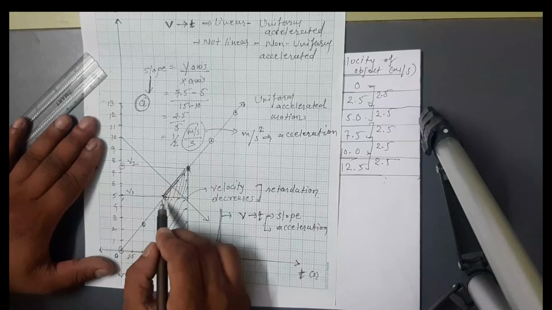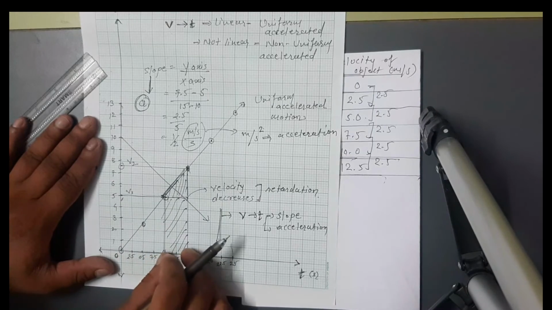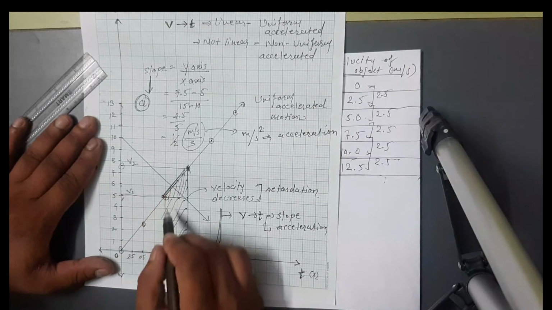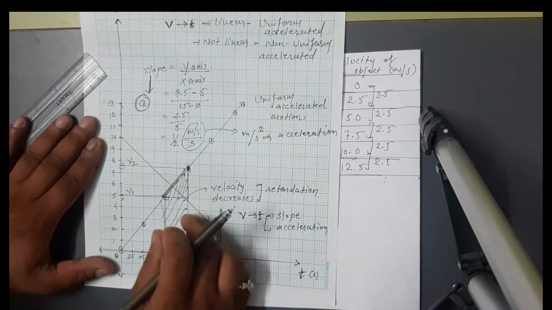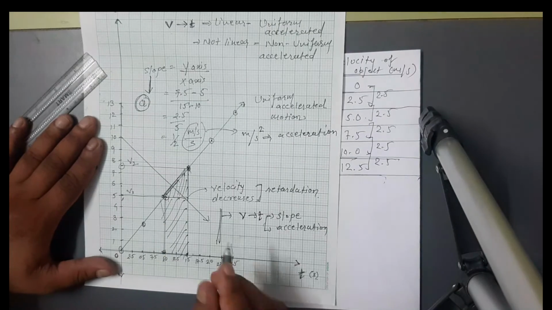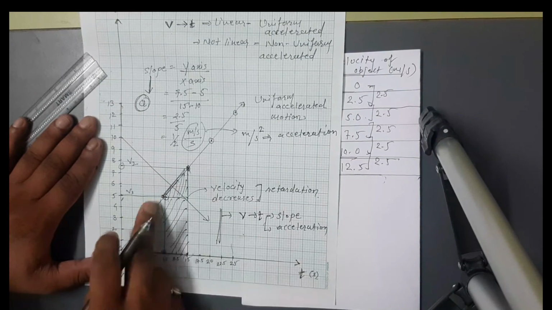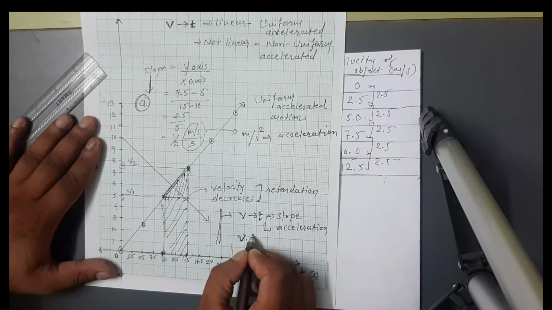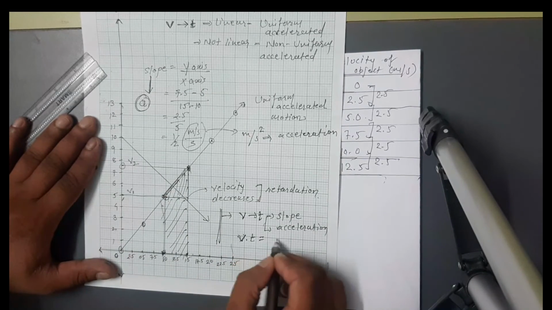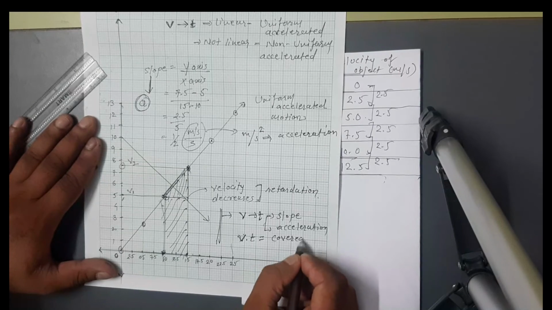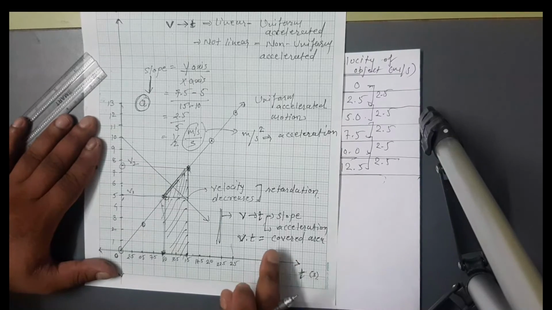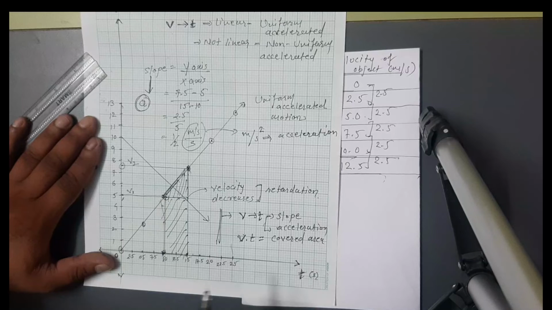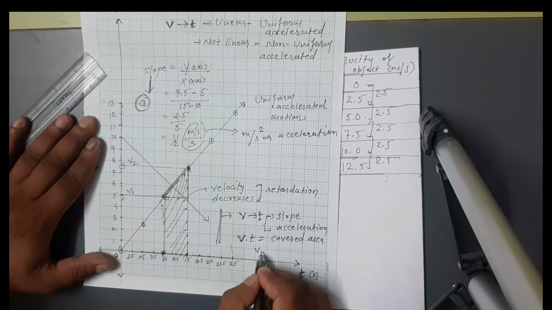Okay, one more thing. If we find the covered area, if we take this rectangle as the covered area, how can we find its area? Length into breadth, right? So it will be v into t, which is equal to the covered area. So what does v into t mean? We have studied in the formula of velocity that v is equal to d by t.